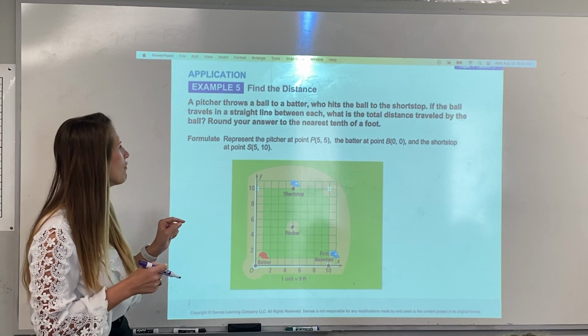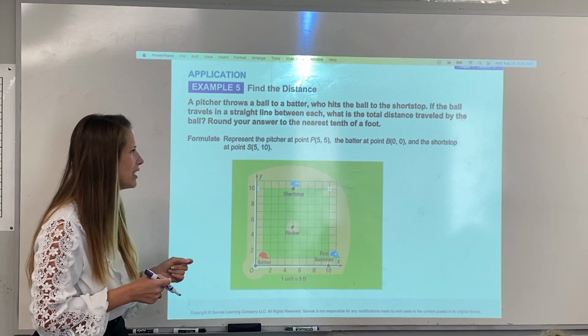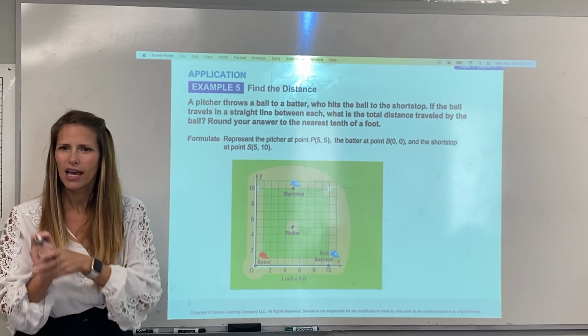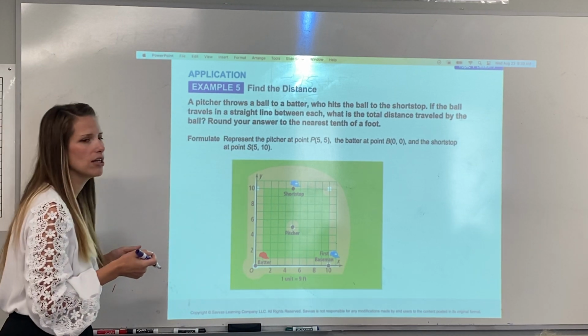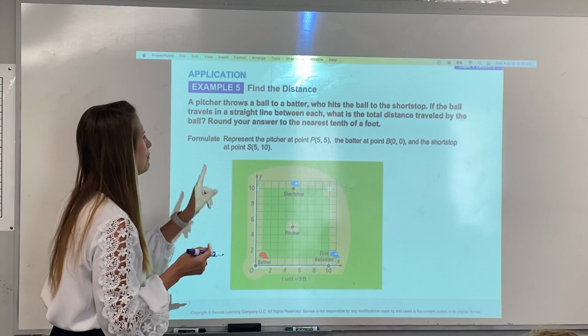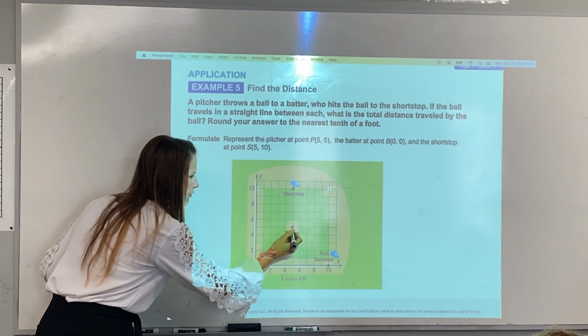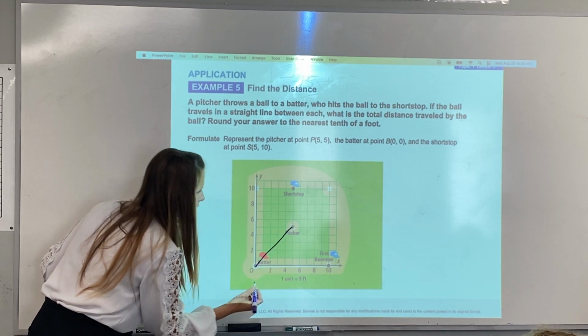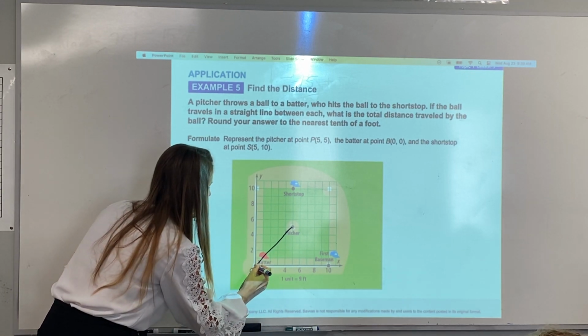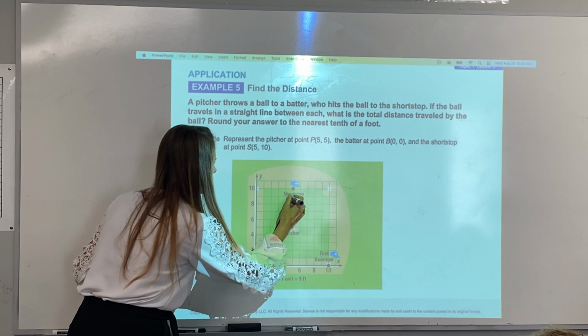If the ball travels in a straight line between each, which makes sense, right? It might make a little parabola, but it's not gonna zigzag. So from the pitcher to the batter, the batter hits it from there to the shortstop.